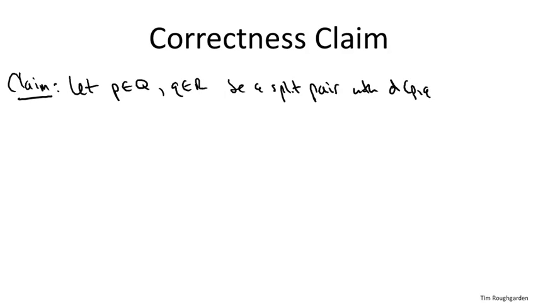Don't forget what this parameter delta means. What delta is, by definition, is the minimum of d of p1 q1, where p1 q1 is the closest pair of points that lie entirely in the left half of the point set Q, and d of p2 q2, where similarly p2 q2 is the closest pair of points that lies entirely inside of R.